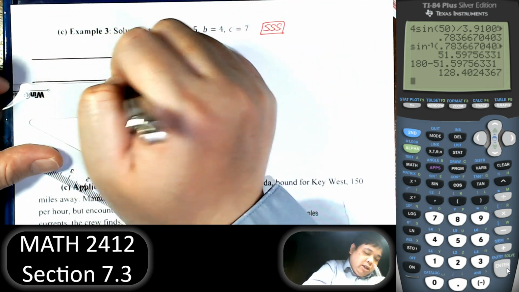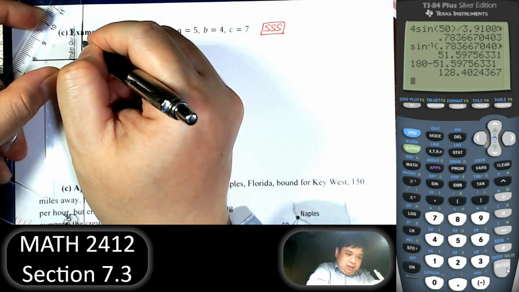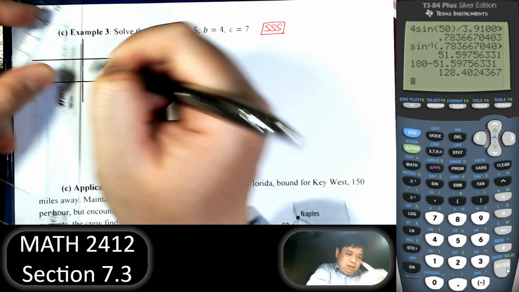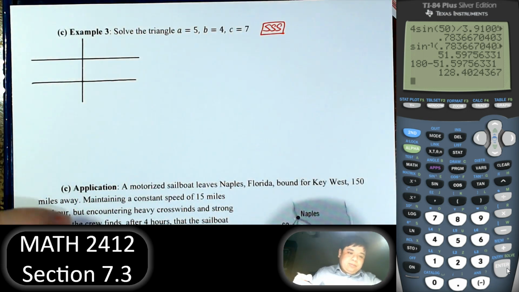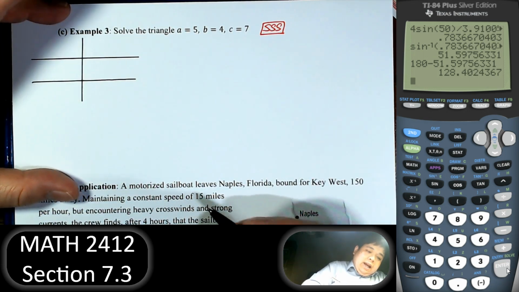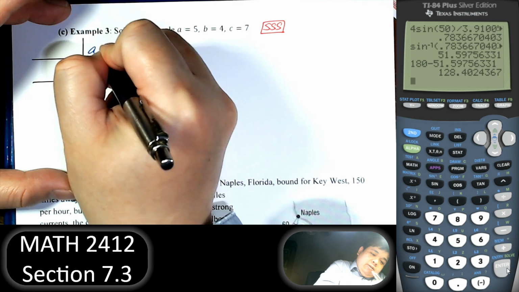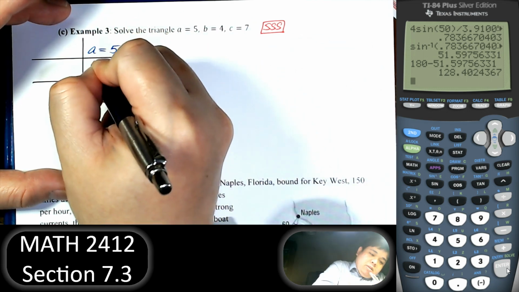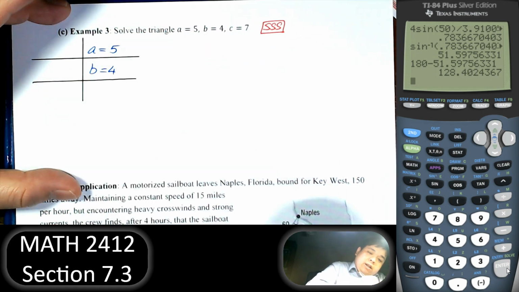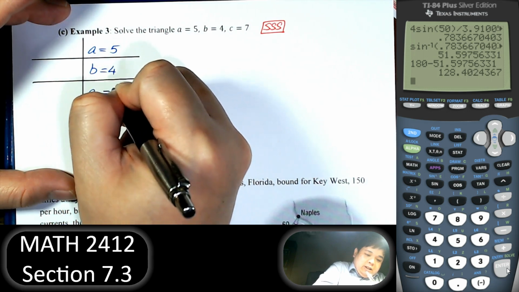Write a summary. We know all the sides. A is 5, B is 4, and little c is 7.